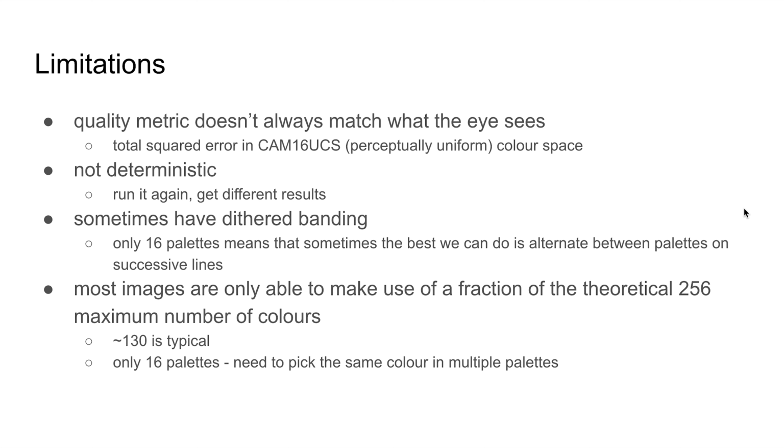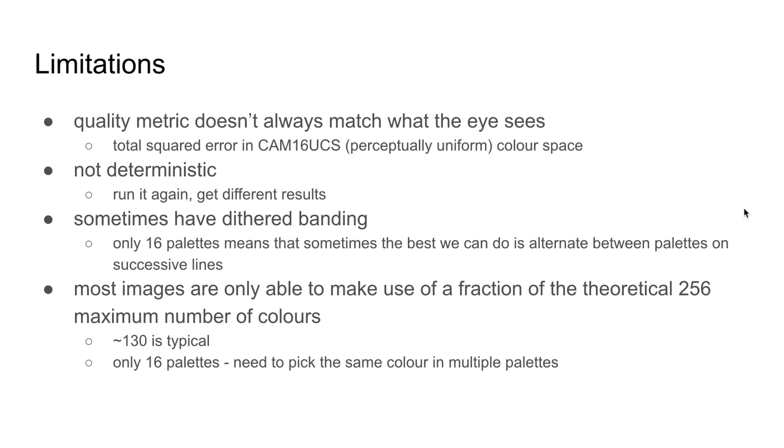You might find, for example, that an intermediate step in the processing actually looks better to the eye. One other feature is that it's not a deterministic algorithm, which means that if you run it again, you might get slightly different results. And this is something you can actually make use of if the image quality isn't what you want. Sometimes if you run it again, you'll get something better.